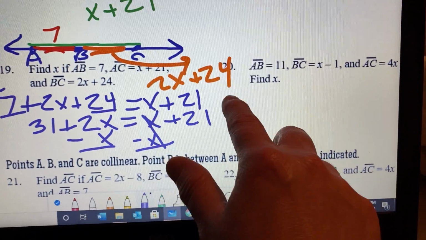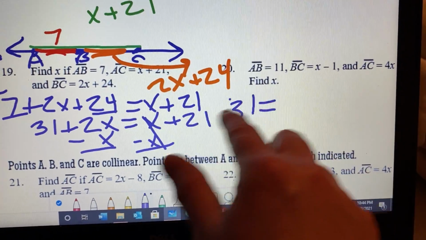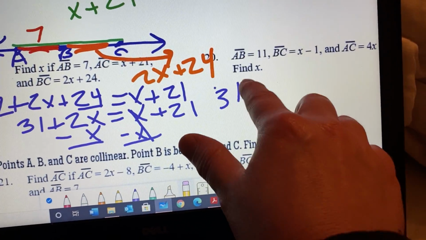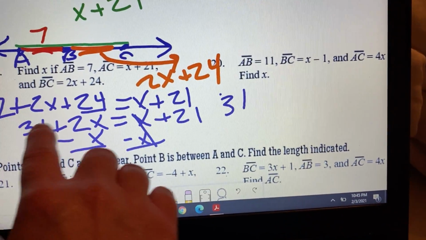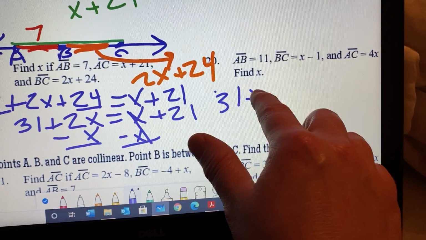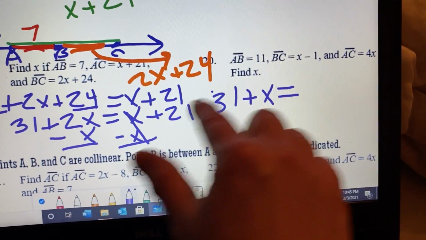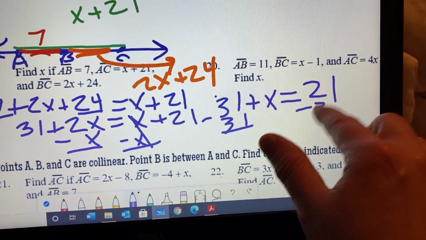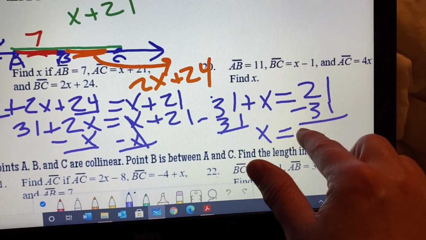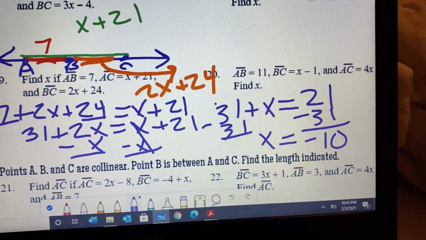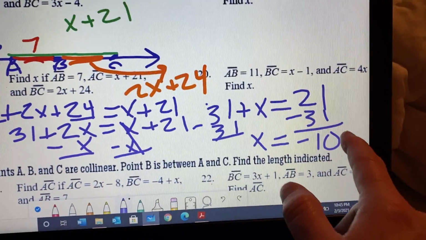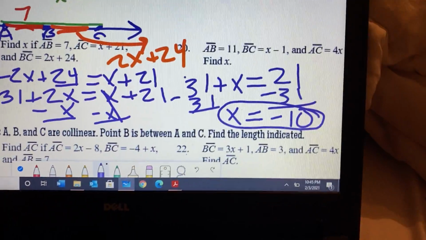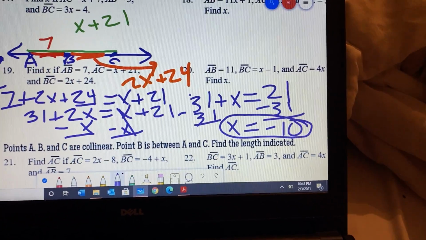We get 31 plus X equals 21. Subtract 31, and we get X equals negative 10. And it's okay to get a negative X. You just should never get a negative for the length of a segment. All right, so that was number 19.